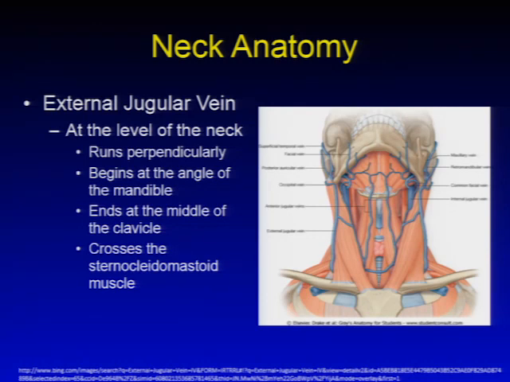As seen in this image, next we will be discussing the external jugular vein. At the level of the neck, it runs perpendicularly across the neck. It begins at the angle of the mandible and ends at the middle of the clavicle after crossing the sternocleidomastoid muscle.